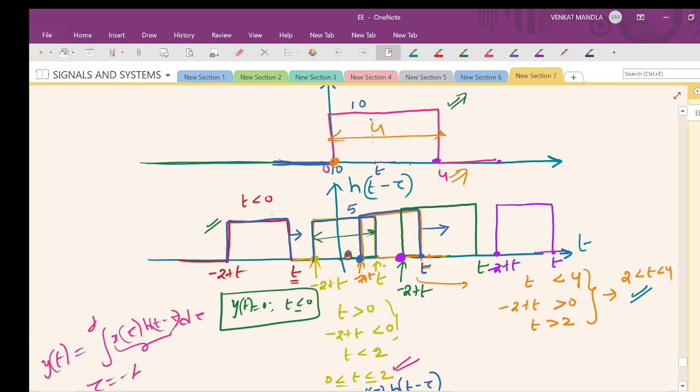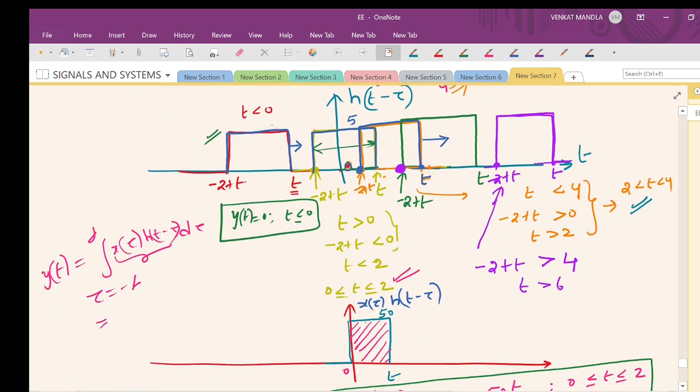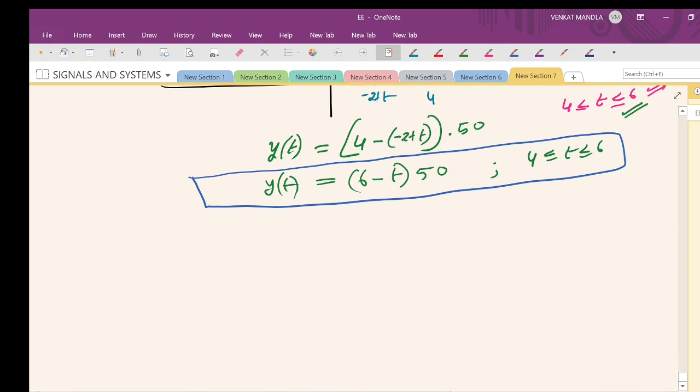So minus 2 plus t is greater than 4, that is t greater than 6. Is there any overlap between these two signals, h(t minus tau) and x(tau)? This is 0, right? 0 multiplied by anything is 0. So there is no overlap, and the output is 0. You will write that here: y(t) equal to 0 if t greater than or equal to 6.